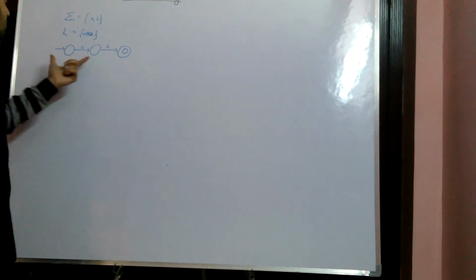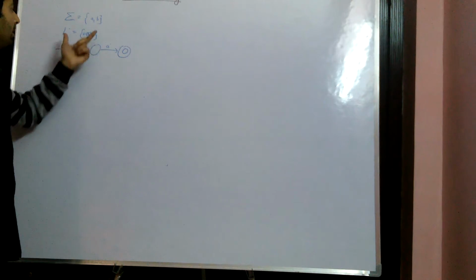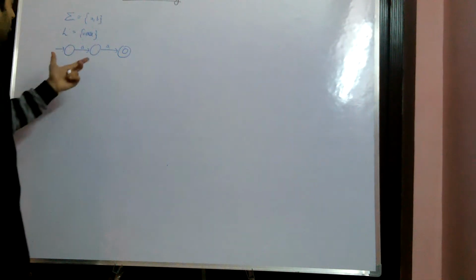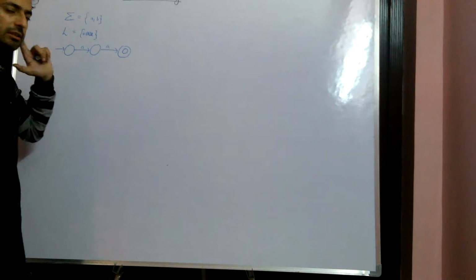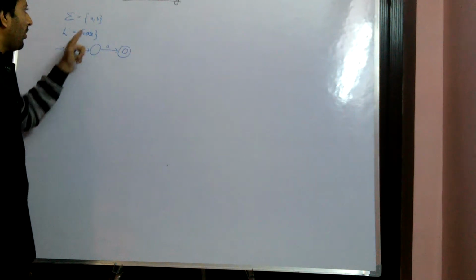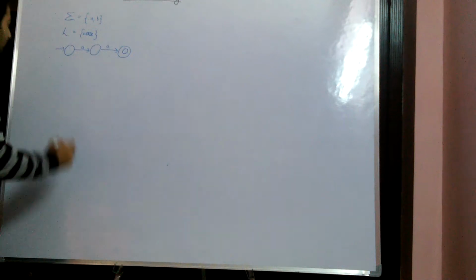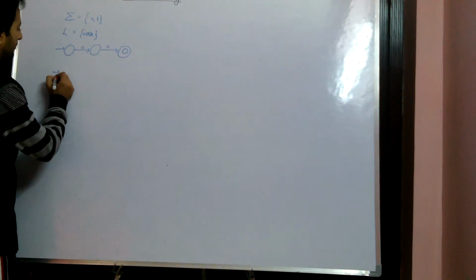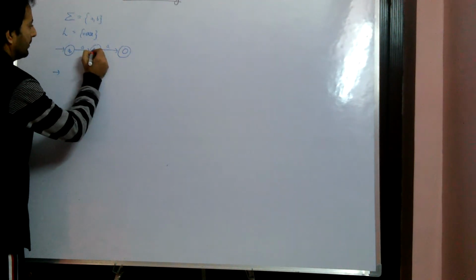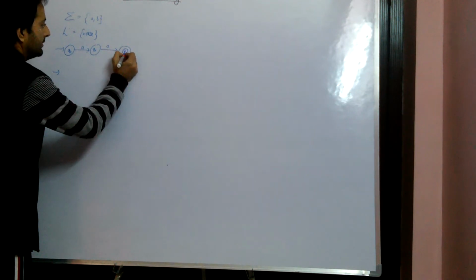We are not going to take pain for the strings which do not belong to the language. We are just going to concentrate on the strings which belong to our language. We can just name them U1, and this is the final state U2.